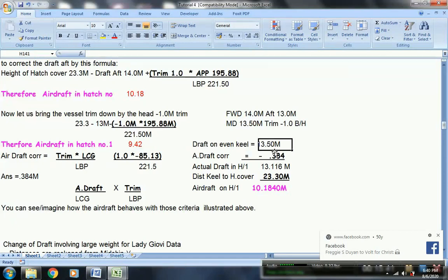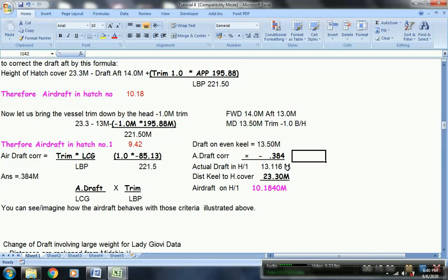Since your mean draft is 13.5, then your actual draft in hold number 1 is approximately 13.116. This is your draft minus the structure, then your airdraft is 10.184, or 10.18 rounded off. So the answers are the same, 10.18, method 1 and method 2. You can see how the airdraft behaves with those criteria illustrated above.